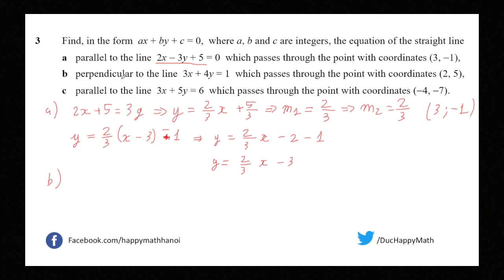Question B. Perpendicular to the line 3x + 4y = 1 and which passes through the point (2, 5).